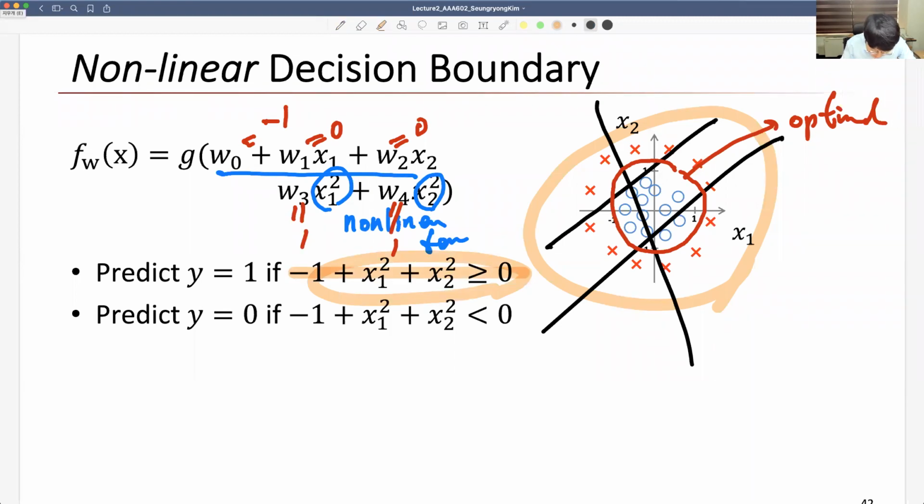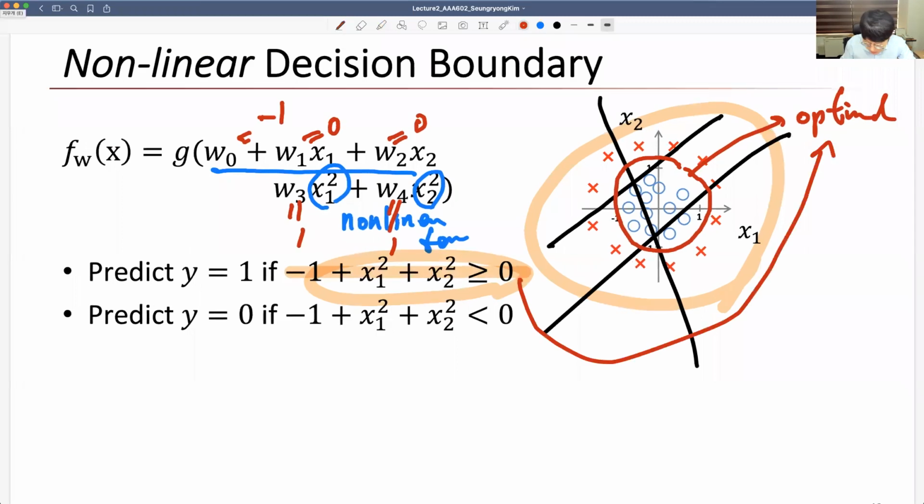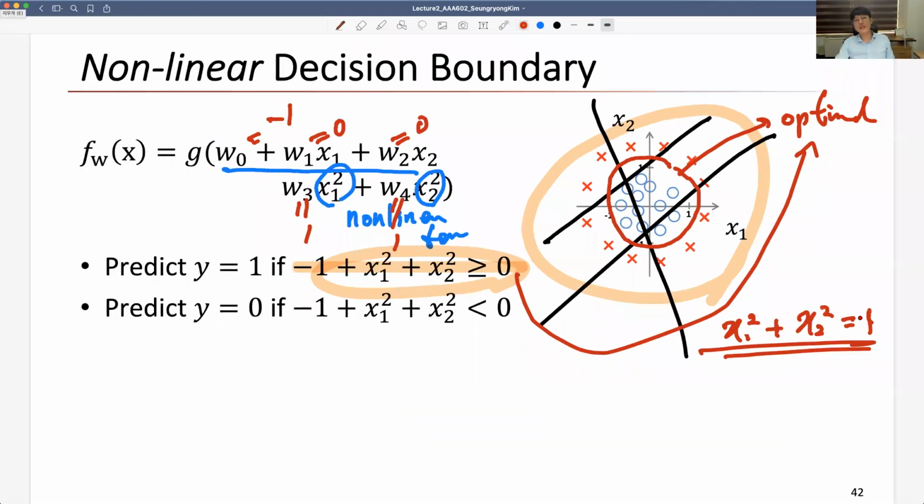In that case, the decision boundary is going to be a circle defined by x1 square plus x2 square is equal to 1, right? So in other words, by introducing the nonlinear term in the mapping function, we can also find a nonlinear decision boundary.